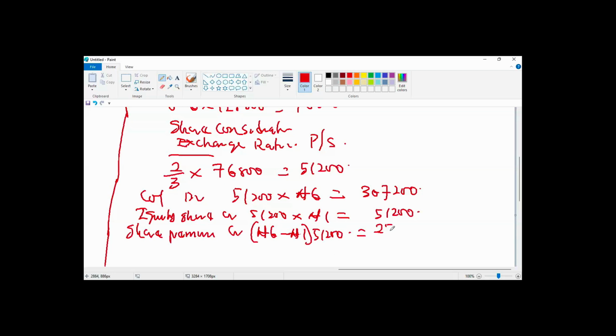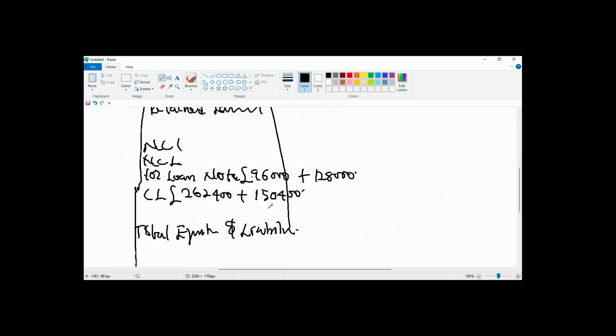256,000, thank you. We ask the question: this cost of investment accounting entry that relates to equity share consideration, has it been recorded? No. If it has not been recorded, I will record it. How do I record? Cost of investment debit for my goodwill calculation.